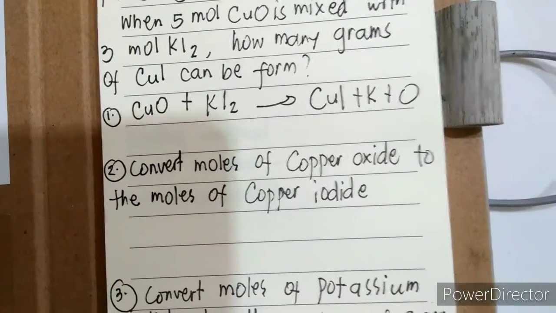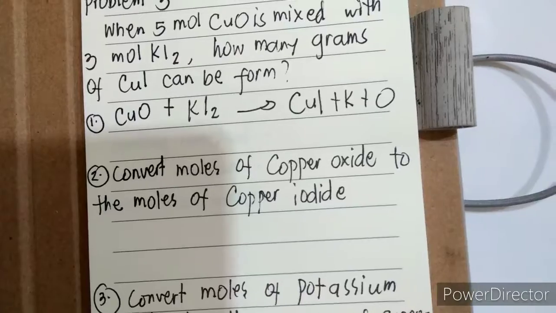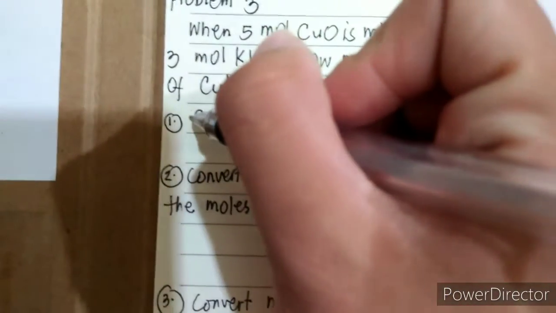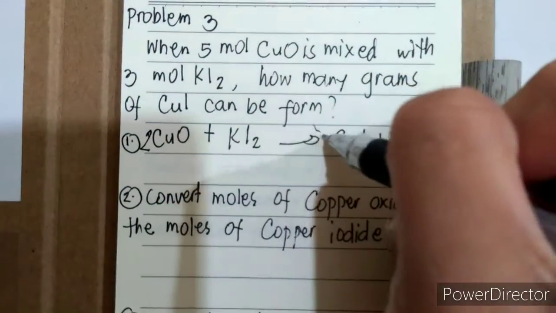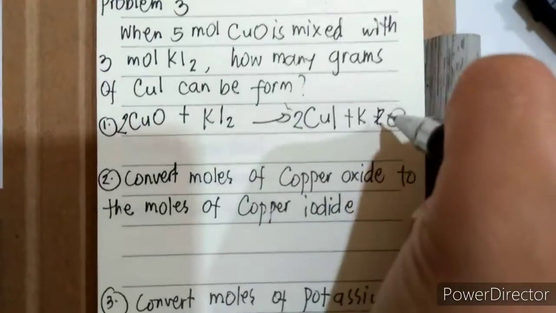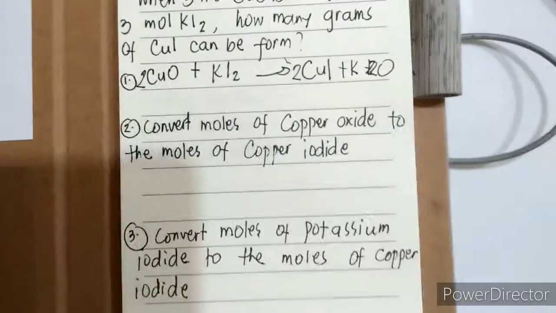So CuO plus KI2 is to CuI plus K plus O. Let's balance it by having a 2 here, and then 2 here, and 2 here. And it is now balanced, guys.